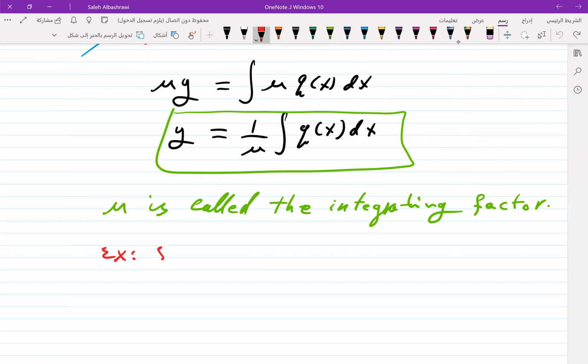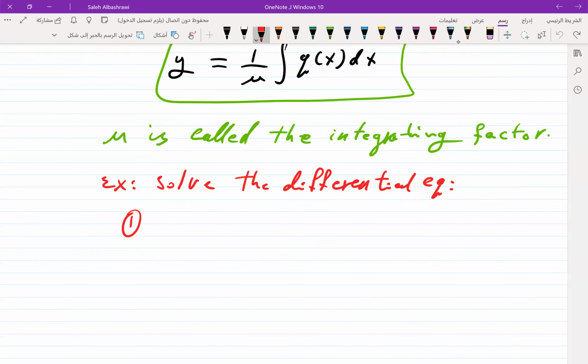Solve the differential equation. Number 1: dy/dx minus y equals e to the power of 2x.